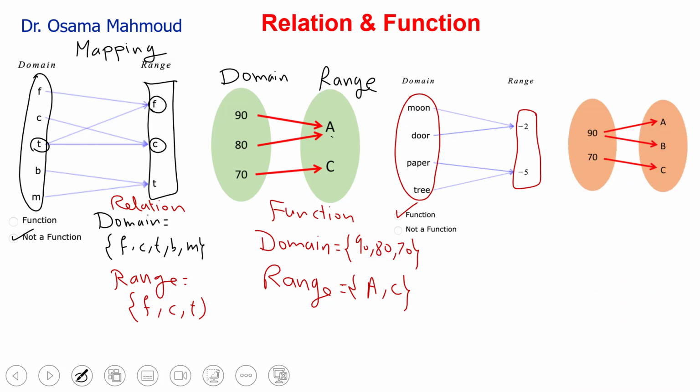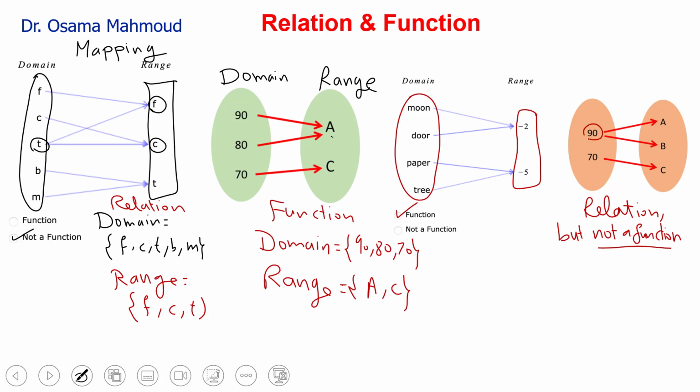Last one, no, it is not a function. This is a relation, but not a function. So, all functions are relations, but not every relation is a function. Why is this a relation but not a function?